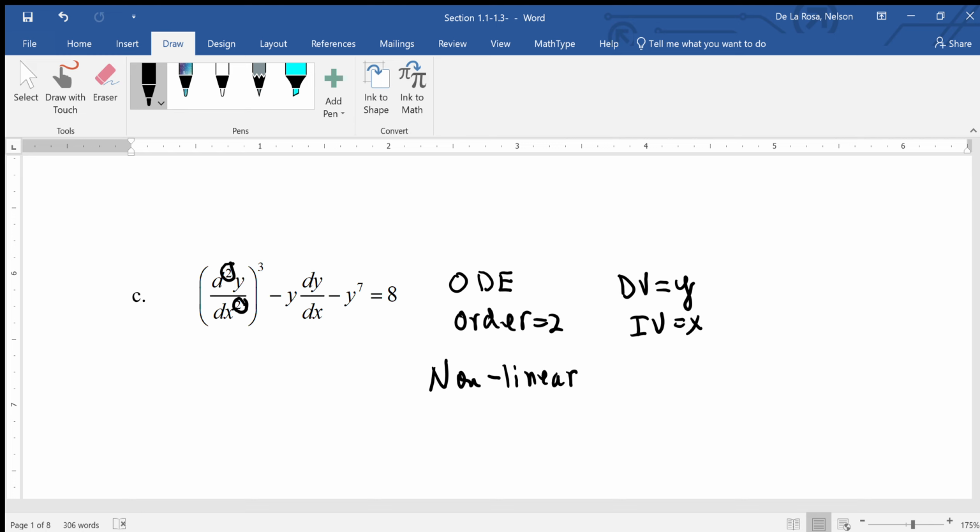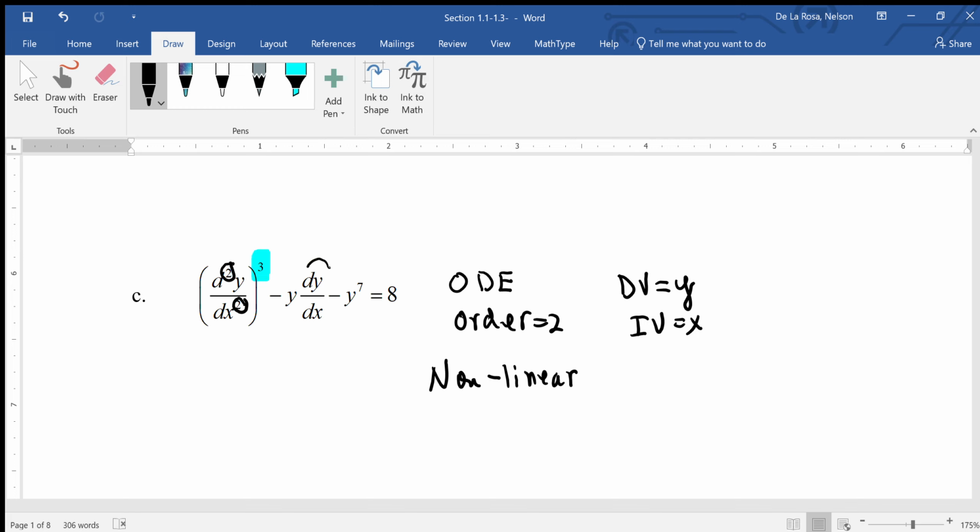It is nonlinear because we have a derivative whose exponent is 3. Okay, remember this 3 is the exponent of the derivative. It's not the order of the derivative, it's the exponent. In addition, it is nonlinear because y is multiplying dy/dx.